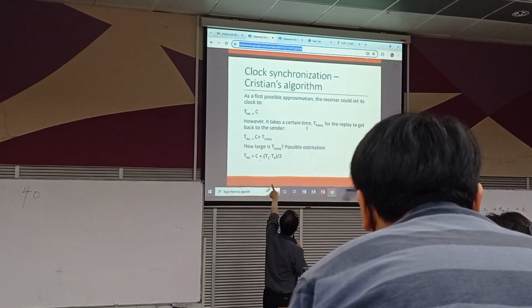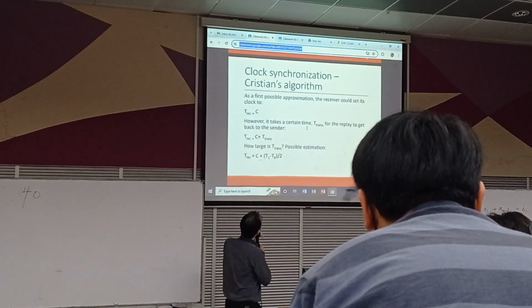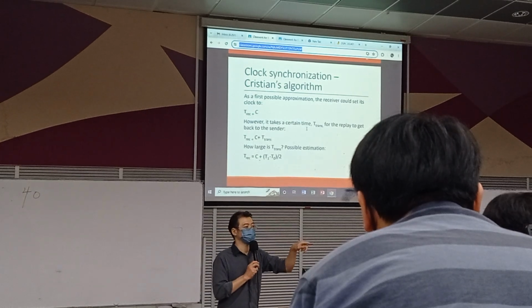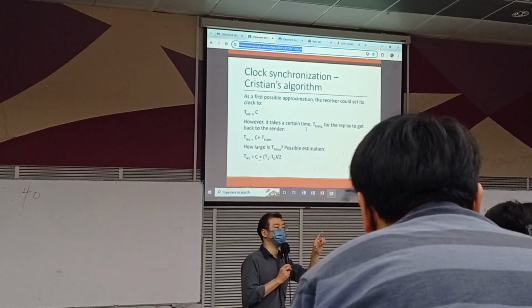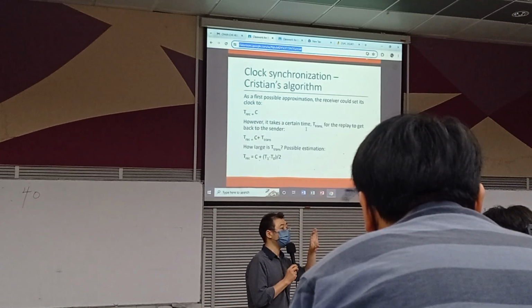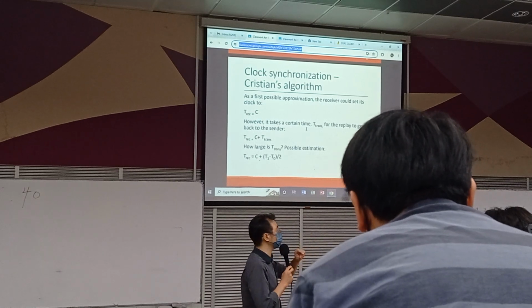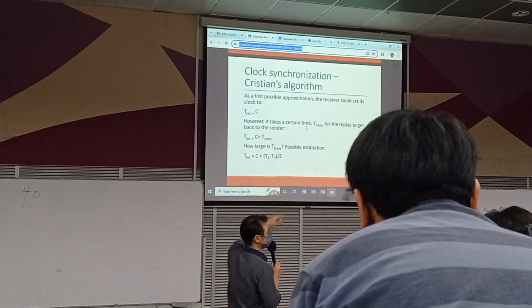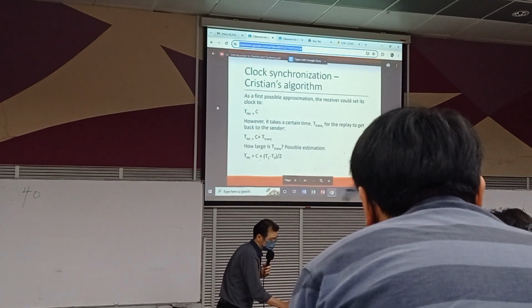The bottom formula, (T1 minus T0) divided by 2. That C is the time that is given by the server. But the time given by the server is already stale. It's wrong. You have to correct it. How do you correct it? You correct it with that formula. If you don't understand this, look at this picture, the one that I explained here.